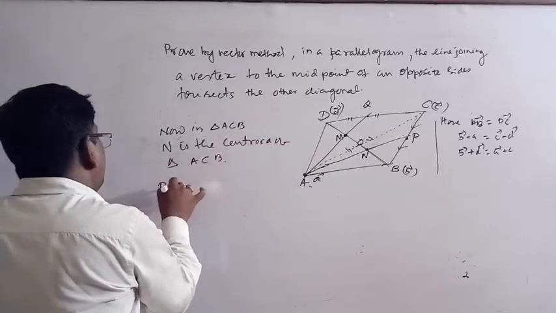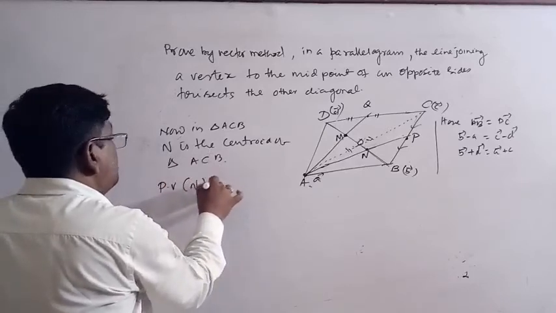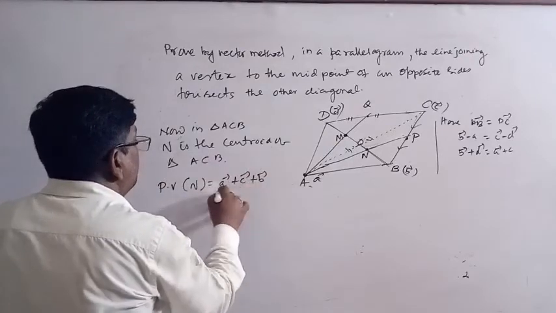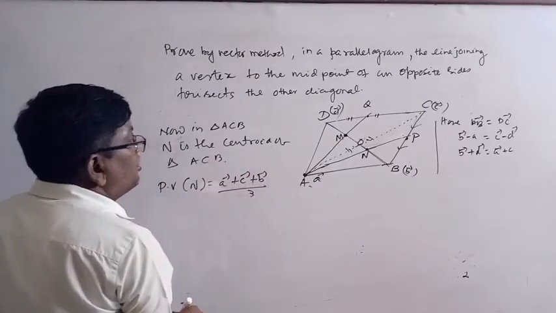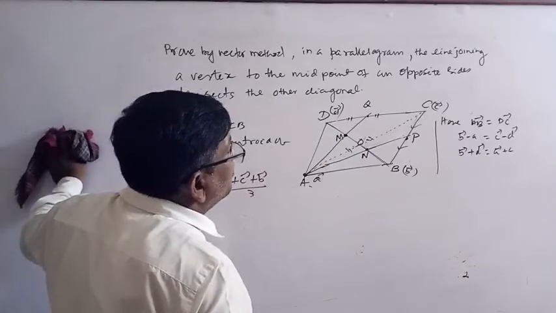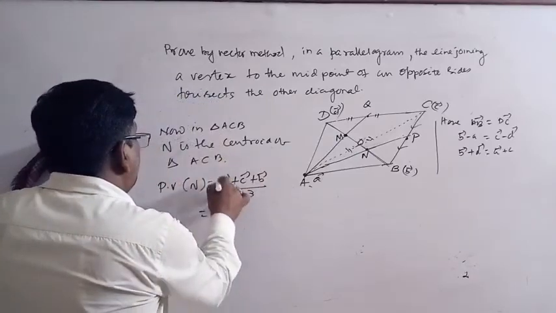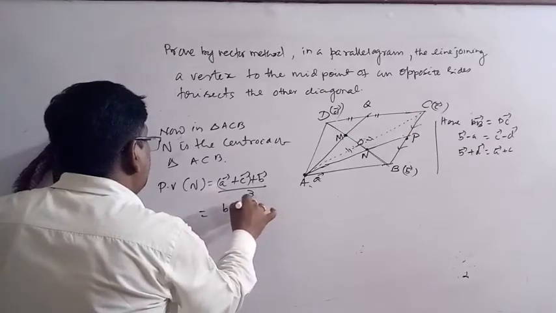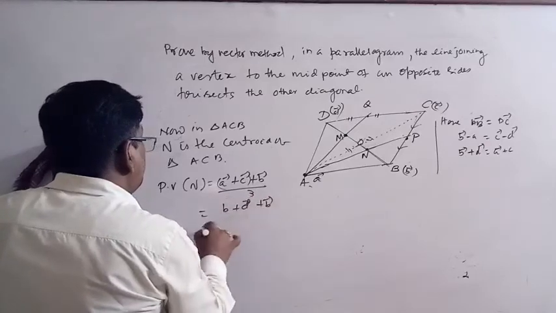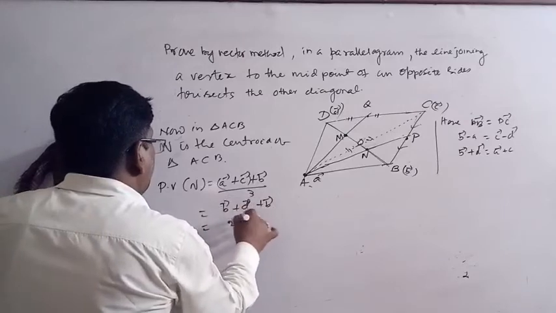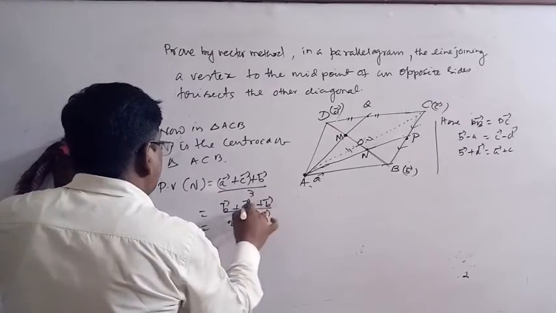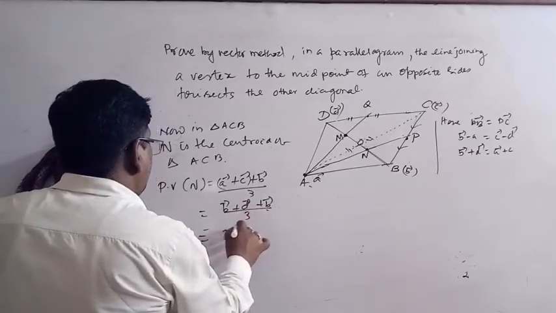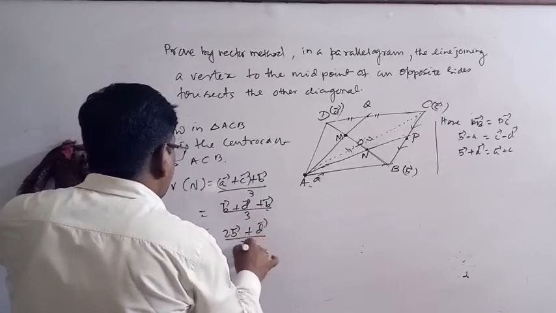So the position vector of N is A plus C plus B by 3. A plus C is equal to B plus D, so this is B plus D plus B, which is 2B plus D by 3, that is, 2B plus D by 2 plus 1.